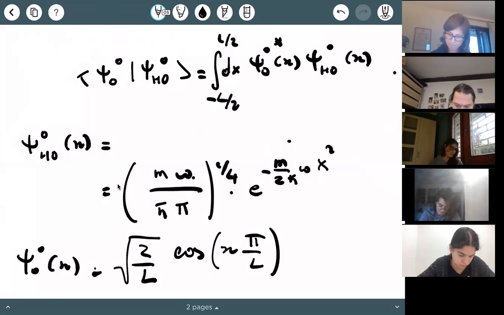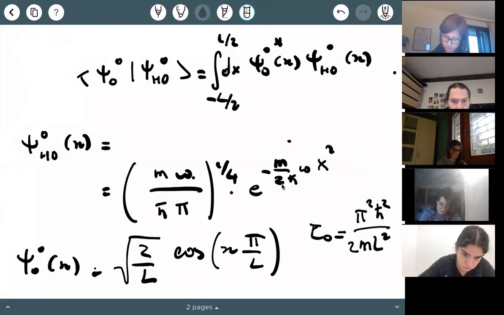Okay, so this is the information. The eigenenergy is given by this, the zero-point energy if you want, and the corresponding wave function is this.